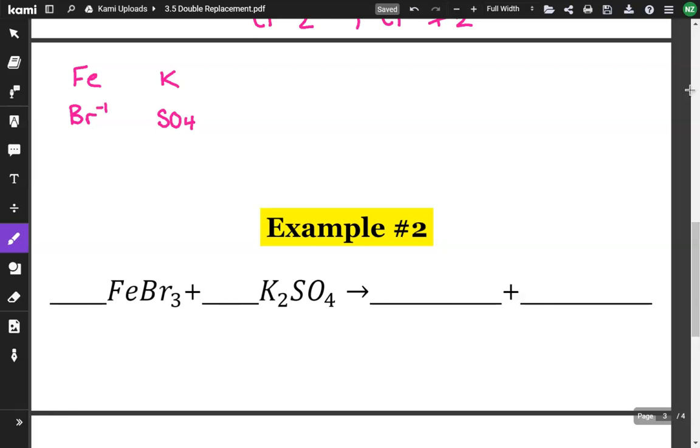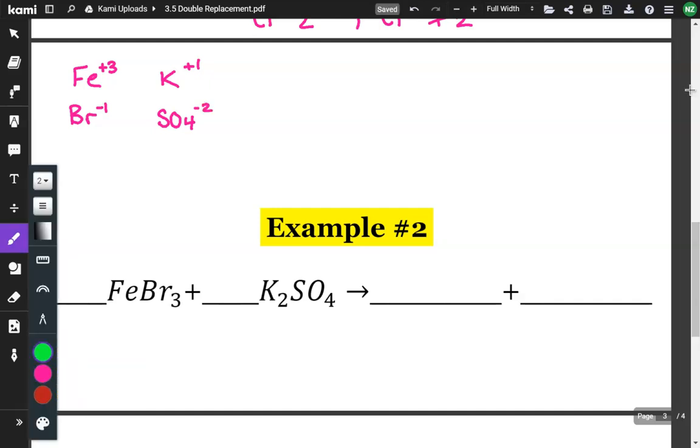Bromine is -1, but there's 3 of them, so that means that iron has to be +3, because -1, -1, -1 is -3, so then this has to be +3 to balance that out. Okay, moving on. Potassium is +1, and then sulfate, SO4, is -2.